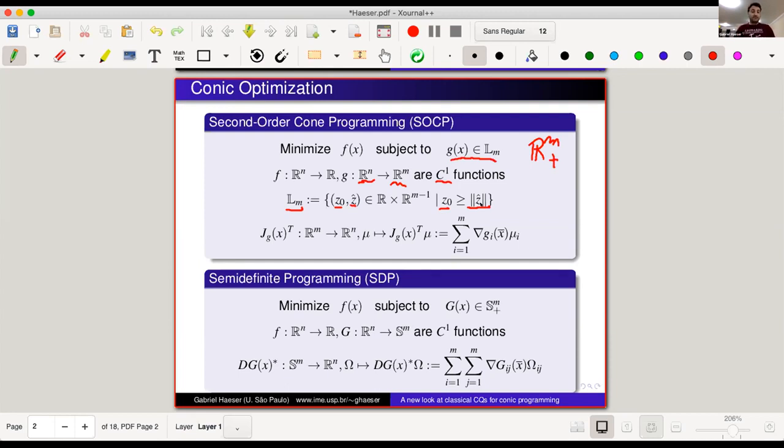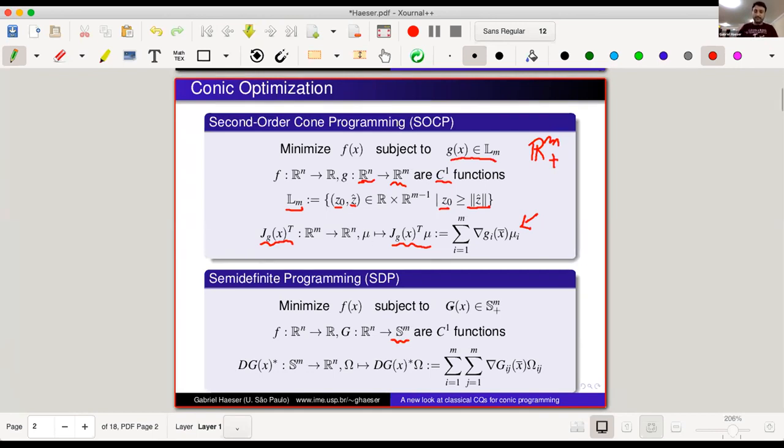In terms of the derivative operator, you have the transpose Jacobian, which you evaluate at a vector mu, and it's simply the linear combination of the gradients. So in terms of derivative, this is exactly the same as a nonlinear programming problem. It's a very similar structure. For SDP, things are a little bit different, but not that much. You take x in R^n, and you associate a symmetric m times m matrix.